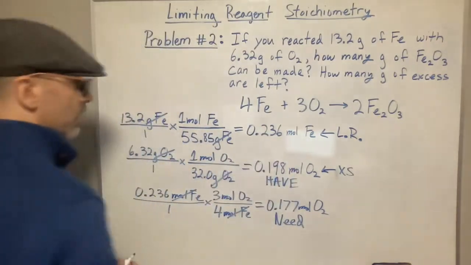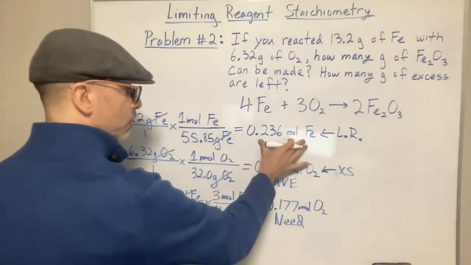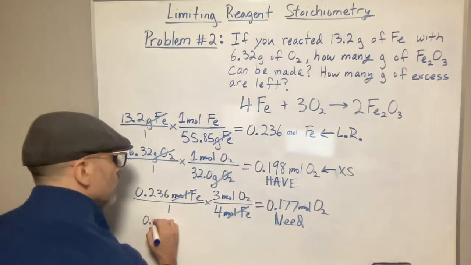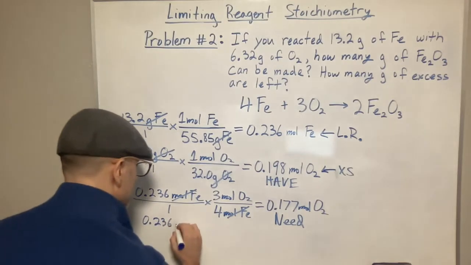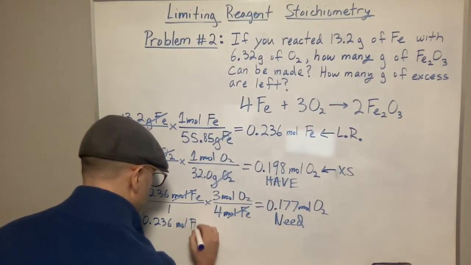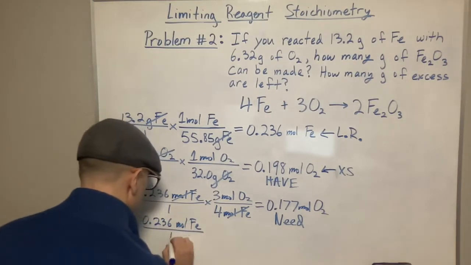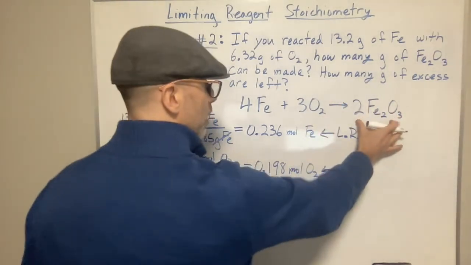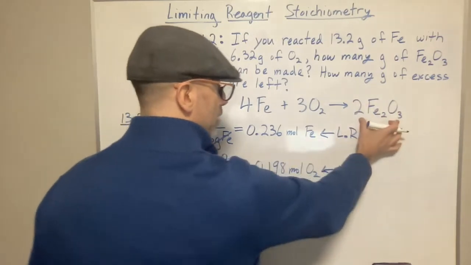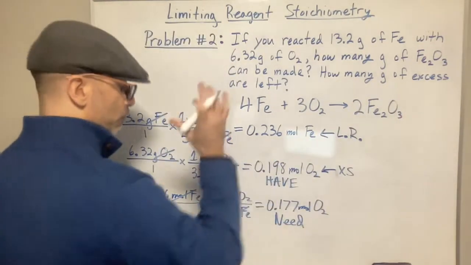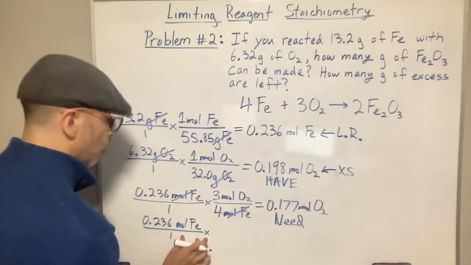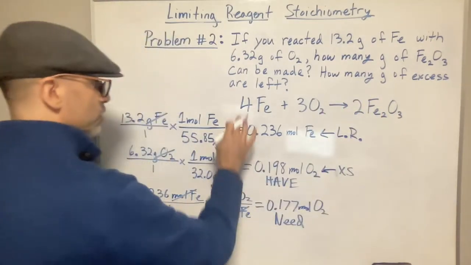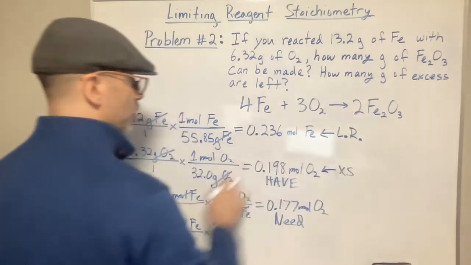So I'm going to take the amount of moles of iron, 0.236 moles of iron, and I'm going to convert that to grams of my iron 3 oxide. So first thing I need to do is convert moles of iron to moles of Fe2O3. And so it's a 4:2 ratio.